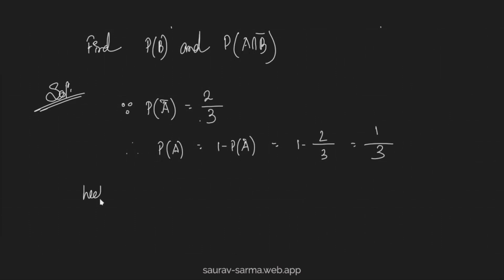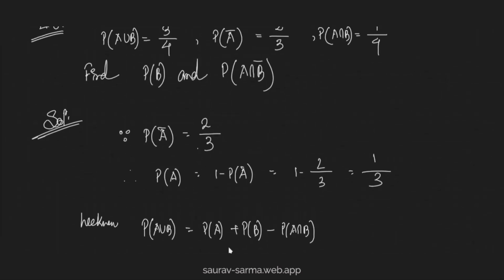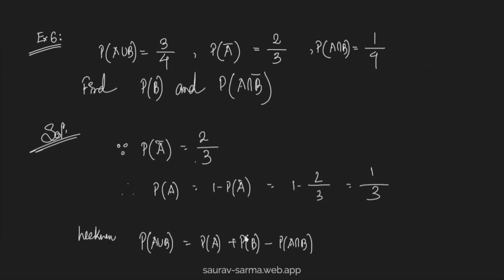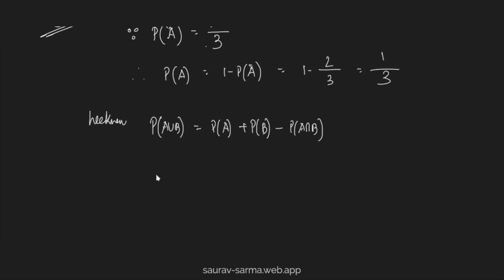So we know probability of A union B is probability of A plus probability of B minus probability of A intersection B. So union of value dia ase 3/4, intersection of 1/4 and probability of A value ami ematra ulalo 1/3, B value itiao unknown, right.